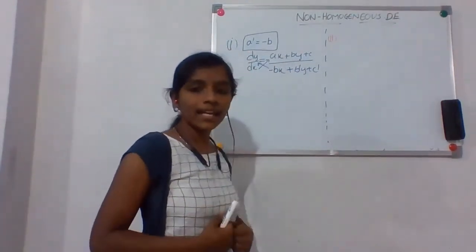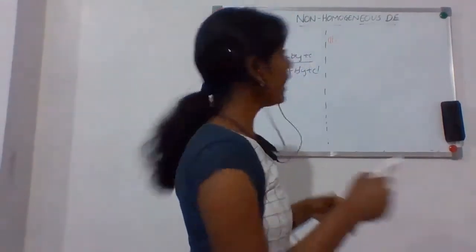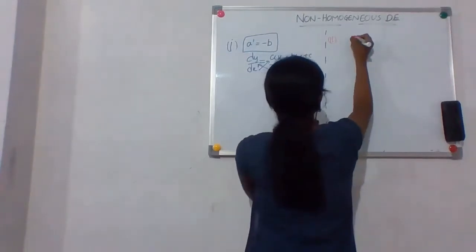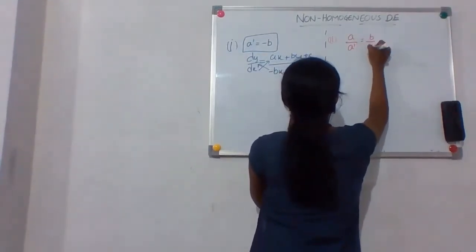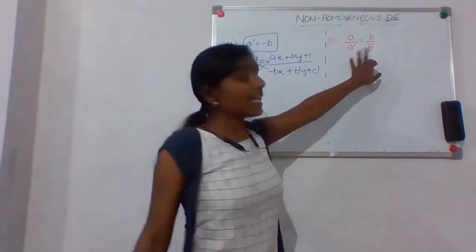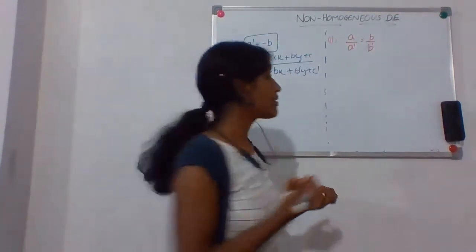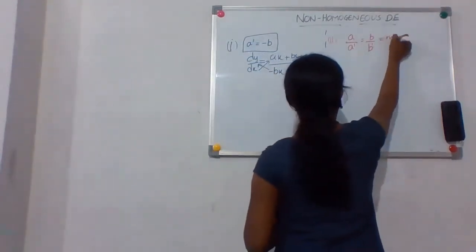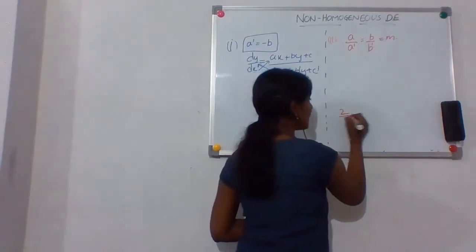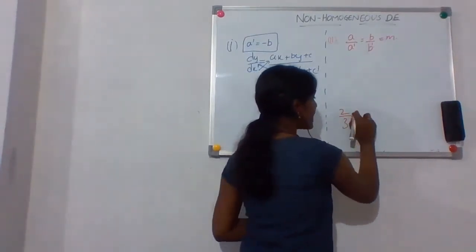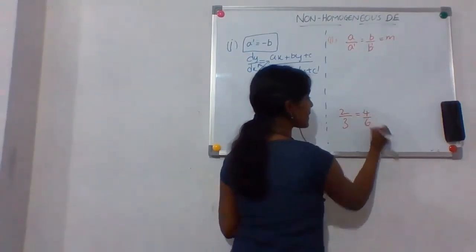And in the second condition, you have something like a by a dash is equals to b by b dash. That is, they both should be in the same ratio. That may be any constant. Let me take that it is m. For example, if this is 2 by 3 and if these are to be in the same proportion, it will be 4 by 6, right?